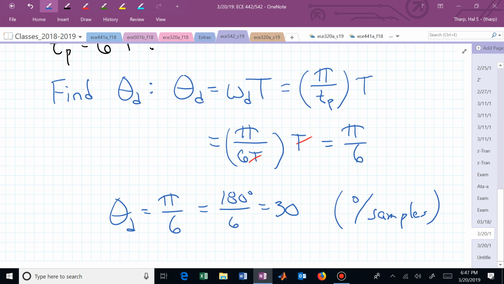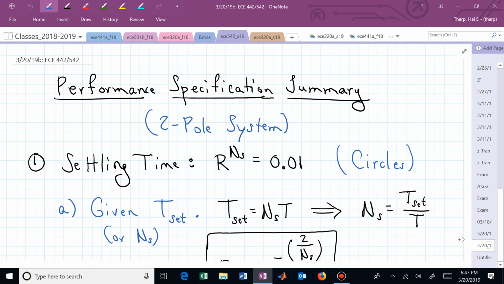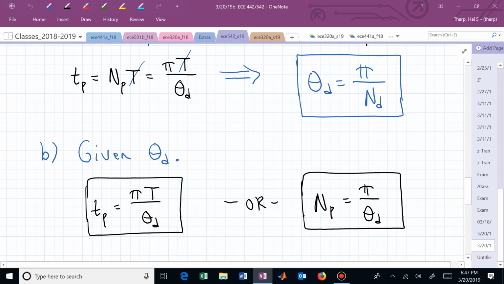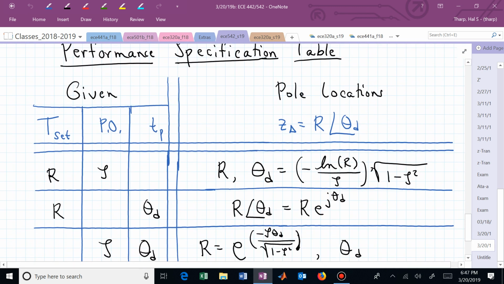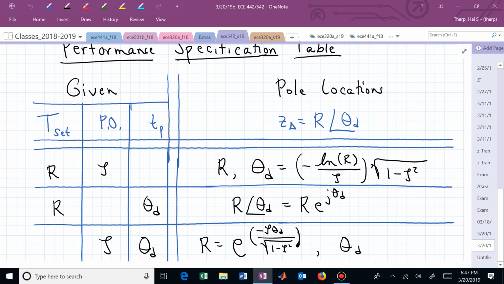We also have a whole other worksheet of performance specification summary, and I think you can see what we're doing there. We end up with this table. I want you to understand this way of using this table. Given a settling time and percent overshoot, there are your formulas for finding the point z delta.